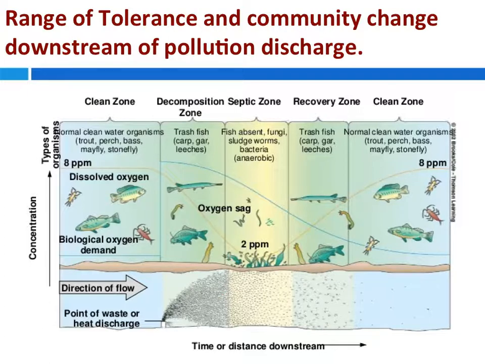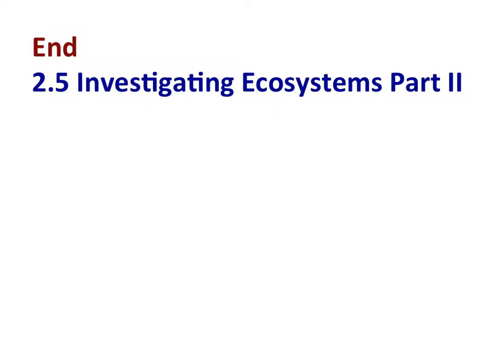But the further you are away from the discharge, the pollution-tolerant species disappear as the clean water species reappear, and oxygen levels also rise. And that brings us to the end of Topic 2.5, Investigating Ecosystems, Part 2.